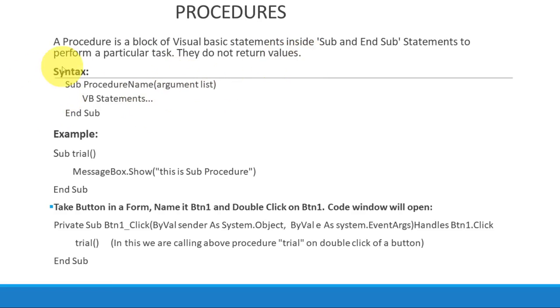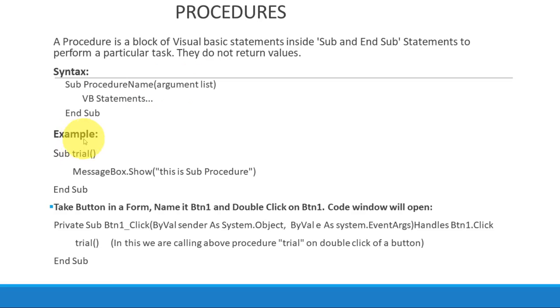So this is the general syntax of a procedure: Sub procedure, ended with End Sub. Within this structure we write VB statements according to the required task, and this is the argument list, that is, the parameters to be accepted by the procedure if required.